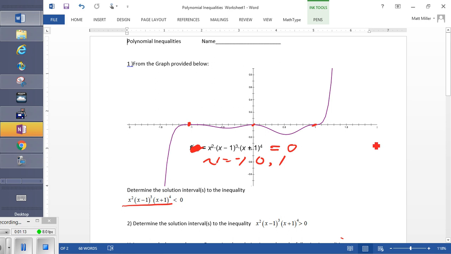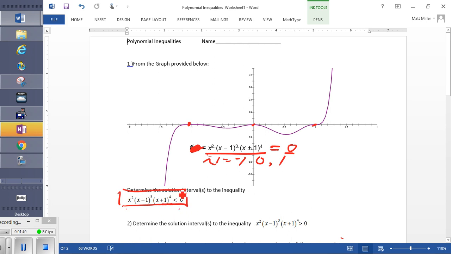So we're kicking that up a notch now. We're asking you this question. If the picture, when it hits the axes, is the answer to the question, when is the equation equal to 0, then this question is, when is the expression less than 0?